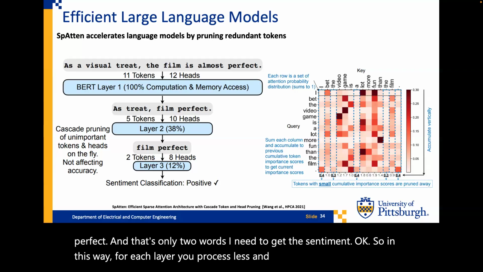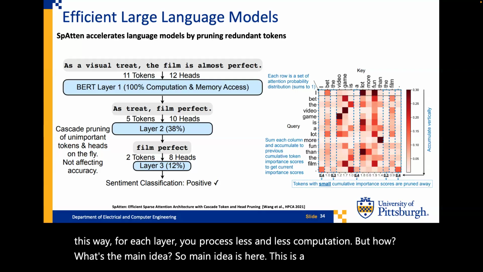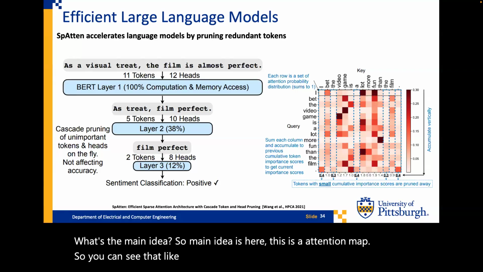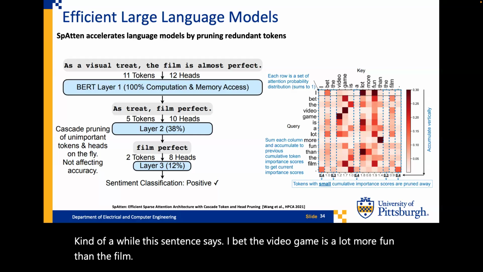But how? What's the main idea? The main idea is here. This is the attention map. This sentence says, 'I bet the video game is a lot more fun than the film.' The y-axis is the same, and this is called self-attention.